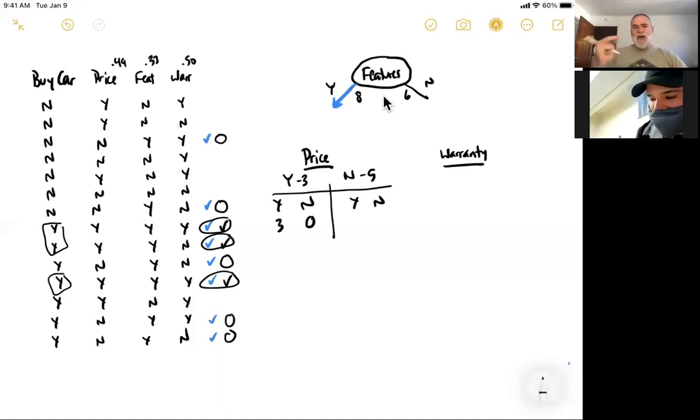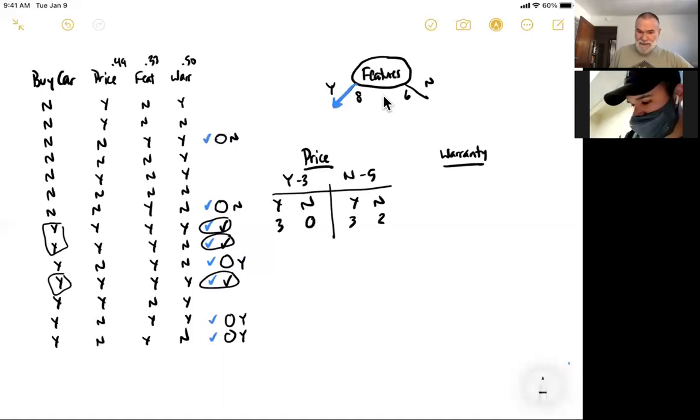Now let's look at the no's, which are going to be these little circle ones, and let's count the number of yeses and no's. It looks like we've got 3 and 2. So this one was a no for buying a car. This was a no. This was a yes, this was a yes, and this was a yes. So there's our 1, 2, 3 and our 1, 2 for yeses and no's.